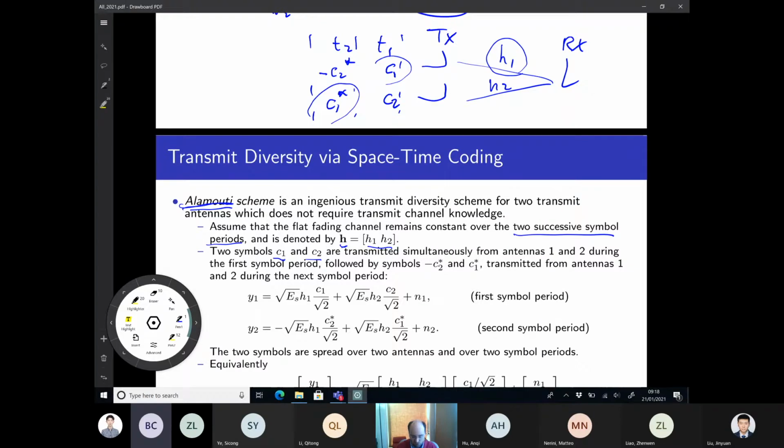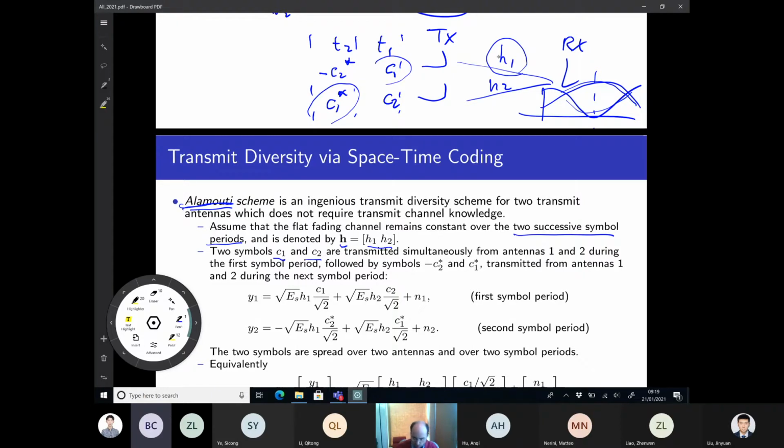But at the next time instance, C1 is transmitted through H2, which is likely to be better than H1. Imagine H1 is like this, but H2 is like this: good for antenna 2, bad for antenna 1. You want C1 to travel through both paths so that at least one of the two will be good enough. And the same for C2, which travels through H1 and H2.